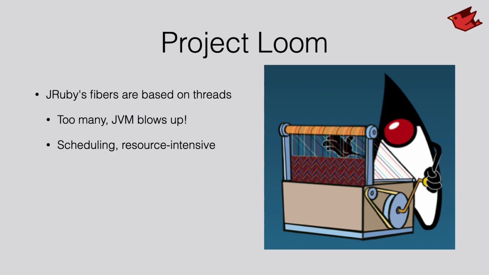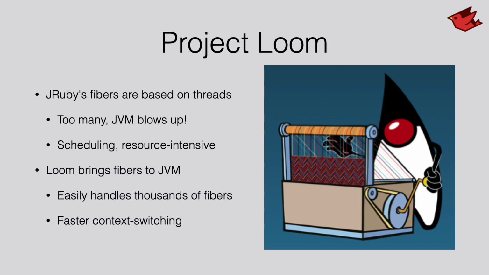If we use too many, they blow up. But Loom brings real fibers to the JVM level, native virtual threads that we can map our fibers directly onto. This actually turns out to be a very direct mapping, a simple mapping. And in fact, the use of fibers in JRuby was part of the inspiration for adding this feature to OpenJDK.